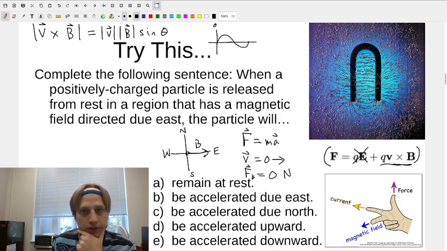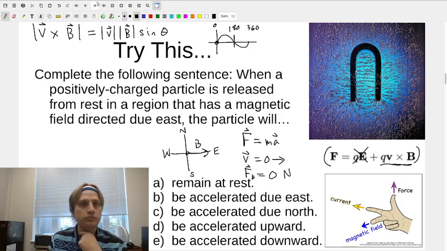There's 0, 180, 360. So at the angle of 0, this is also going to be 0. Okay, so the particle will remain at rest.